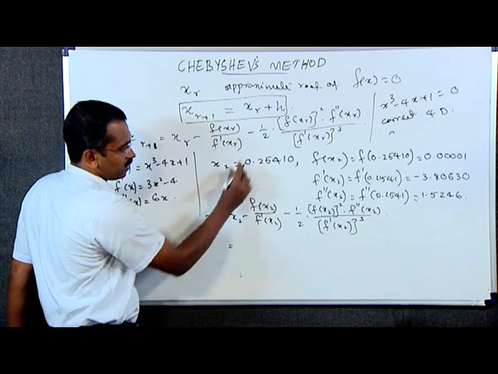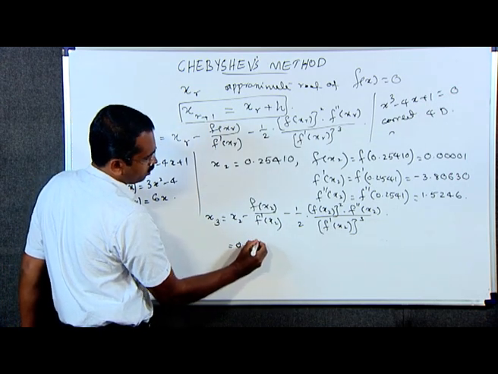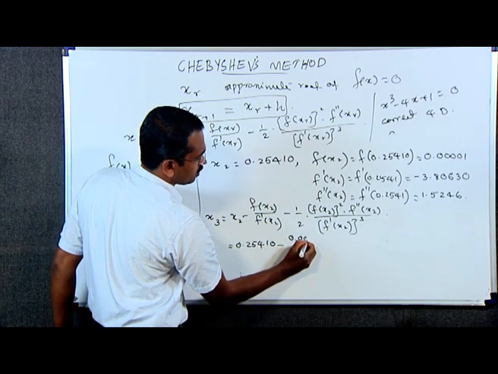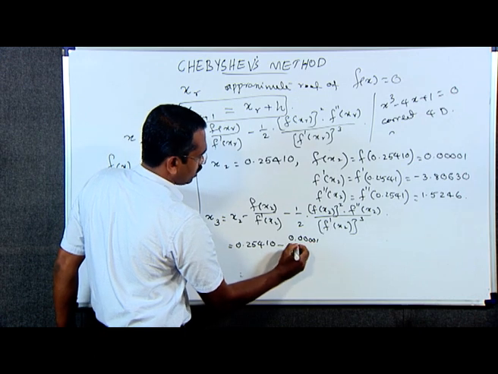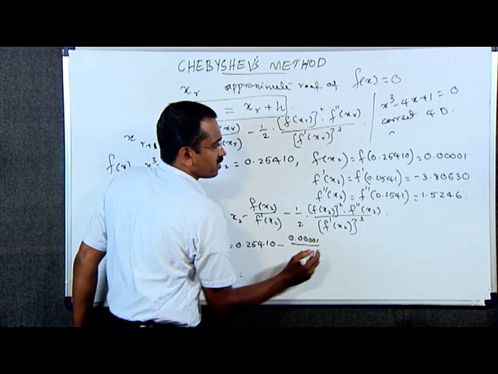Substituting these values, that is x2 is 0.25410 minus f of x2 is 0.00001 divided by f dash of x2, that is negative 3.80630.